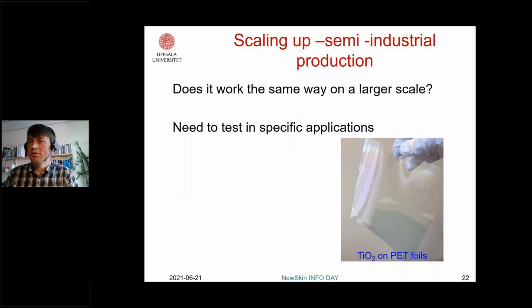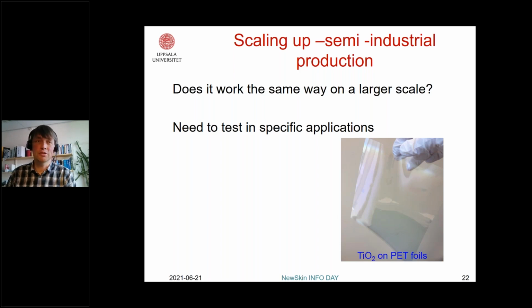So to conclude, we have many exciting techniques that work well in the lab. In the NewSkin project, hopefully we can take this one step further and look at how these techniques or materials work on a larger scale.